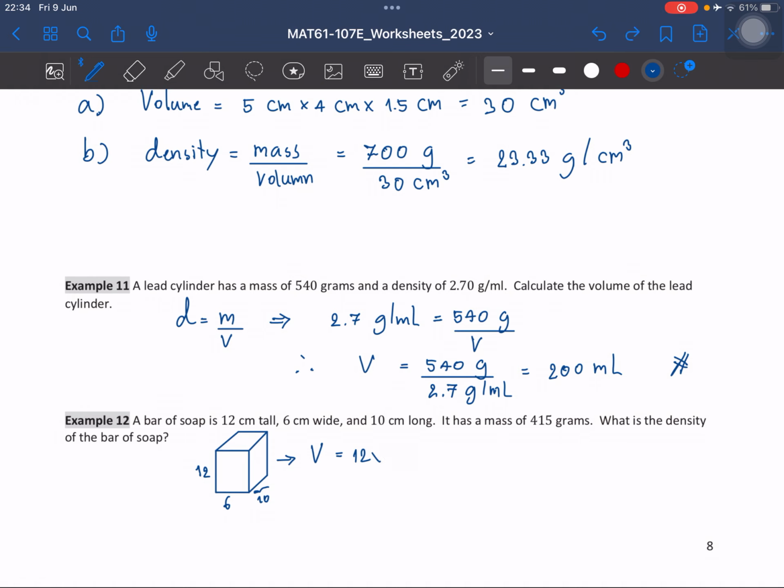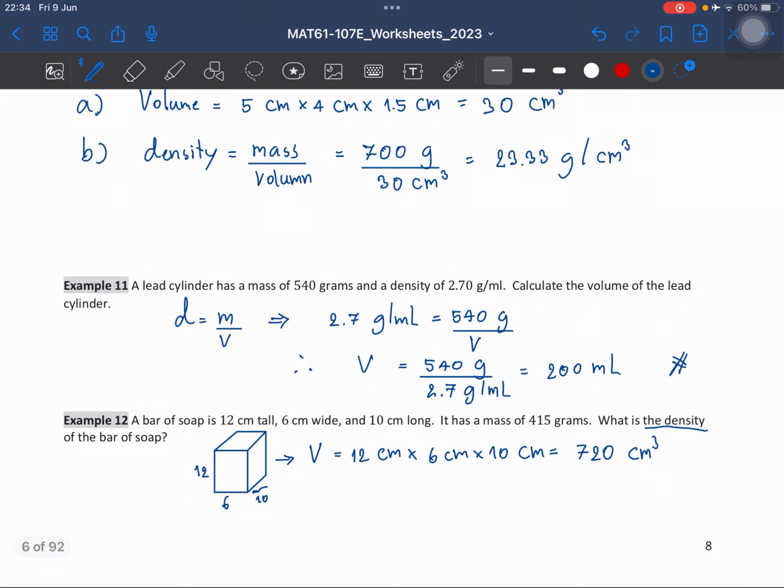Don't forget the unit. 12 centimeter times 6 centimeter times 10 centimeters, and then you will get 720 cm power 3, or cubic. And then you want to find the density of it.